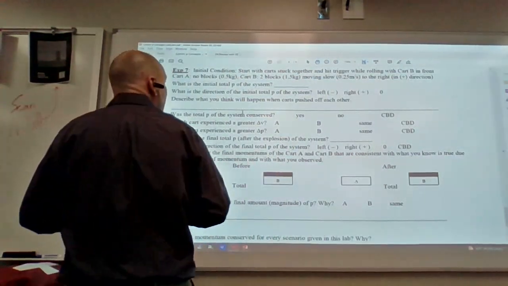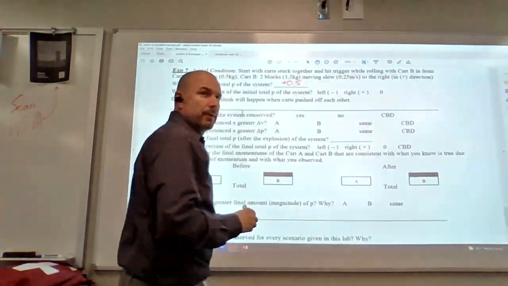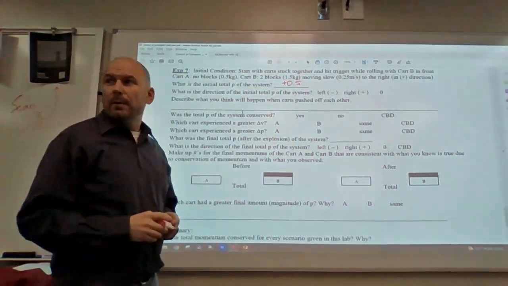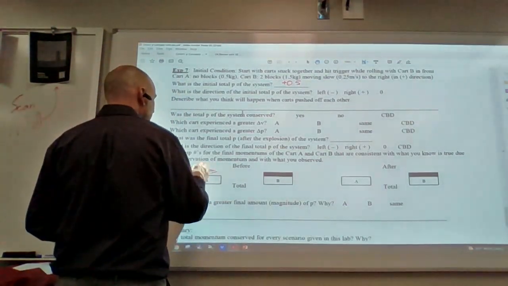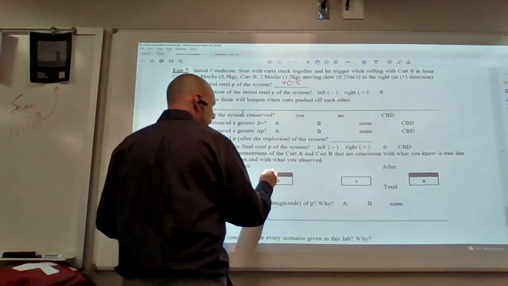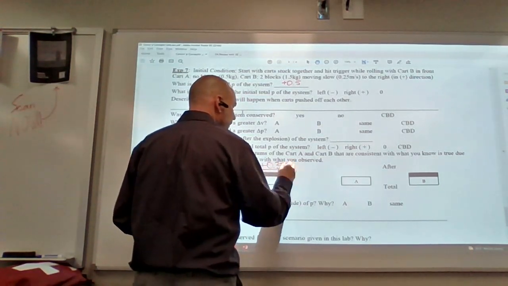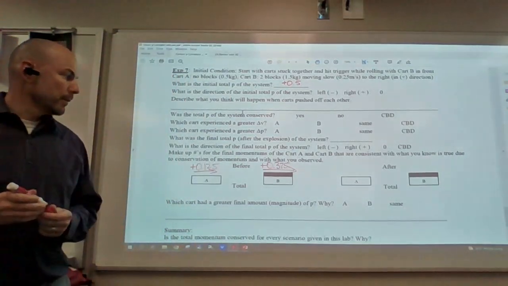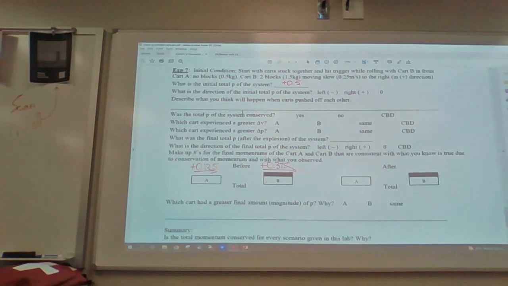So this is plus 0.5, this is plus 0.125, and this is plus 0.0375. We're just going in the reverse direction of experiment 6.